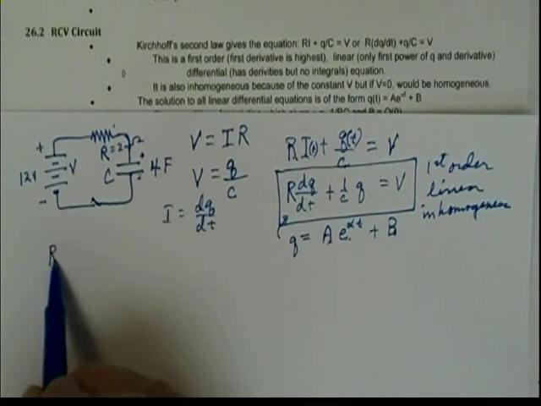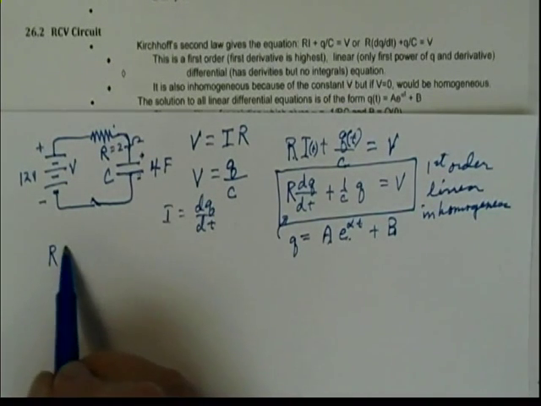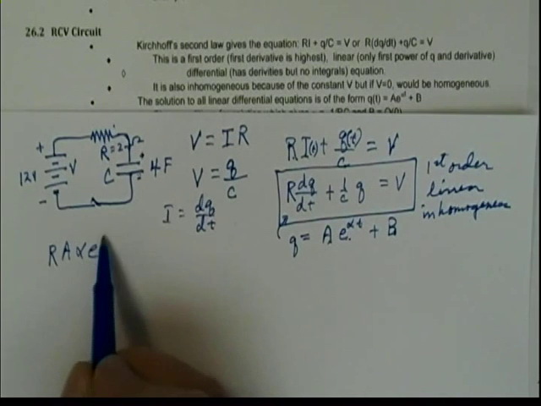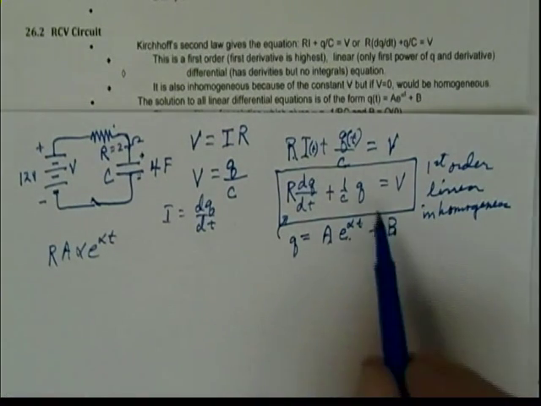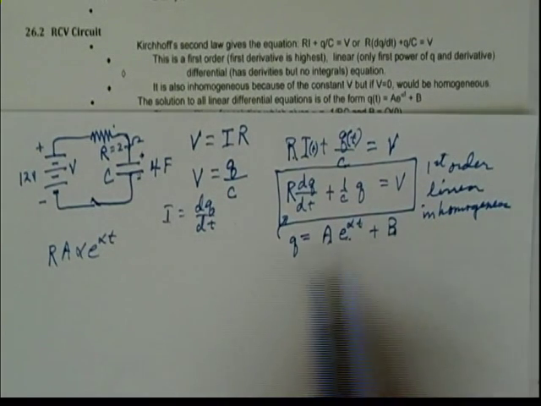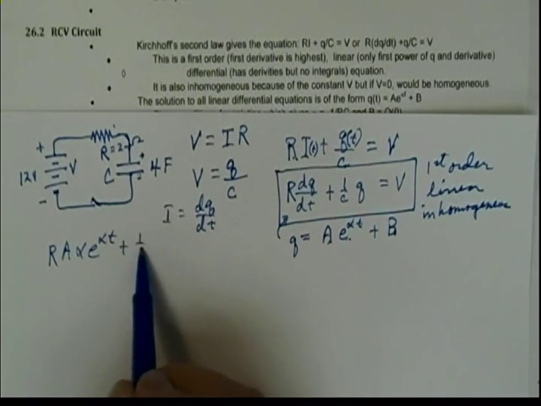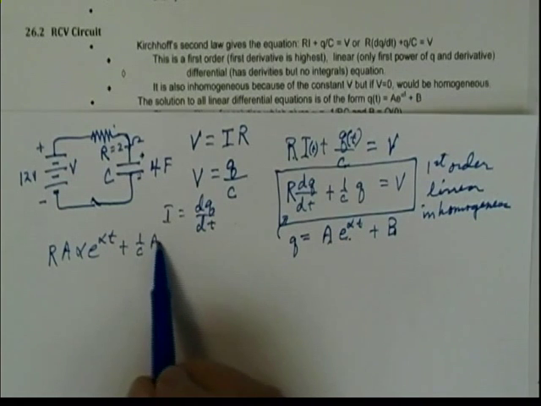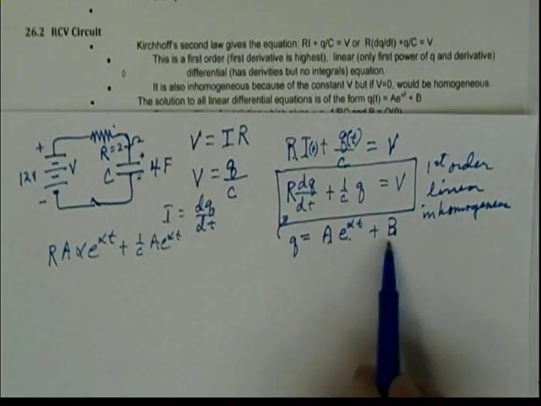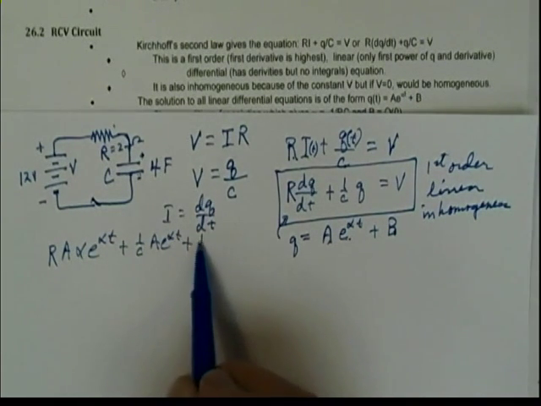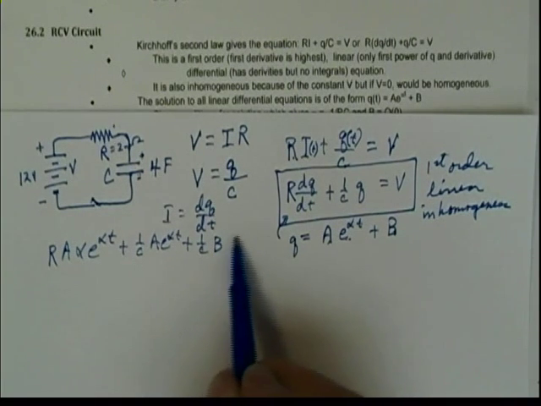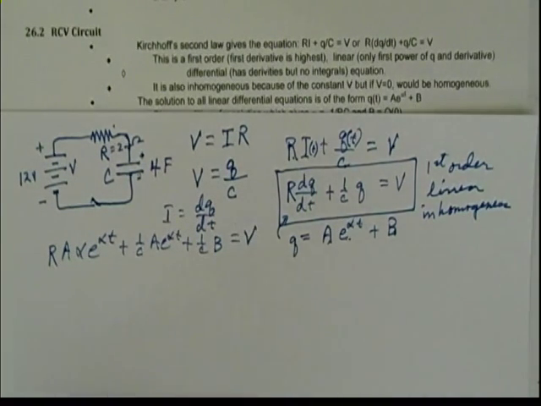So I'll get R times the first derivative, A alpha e to the alpha t. Then I have plus 1 over C times the Q again. So it's plus 1 over C A e to the alpha t plus 1 over C times B, and all of that is going to be equal to the voltage.